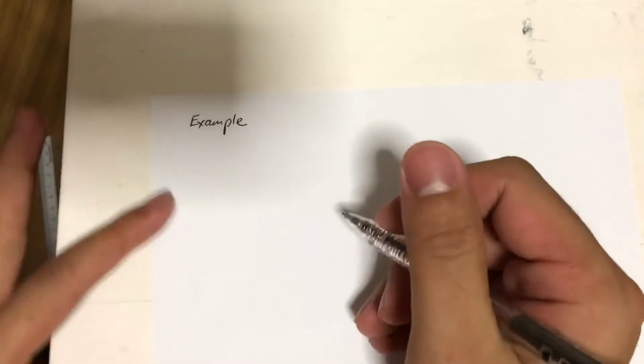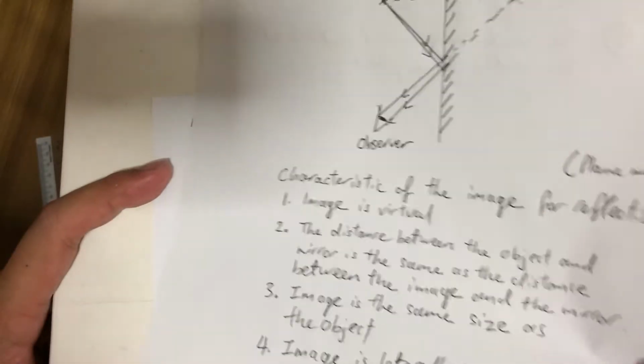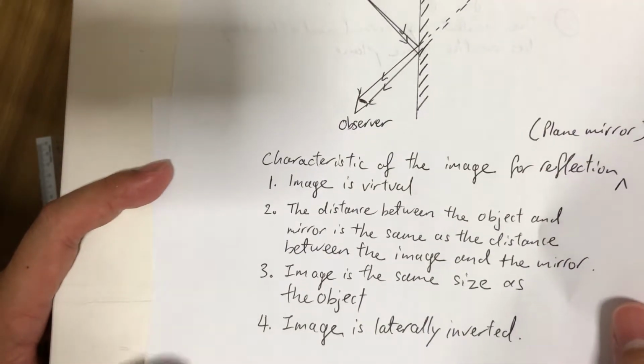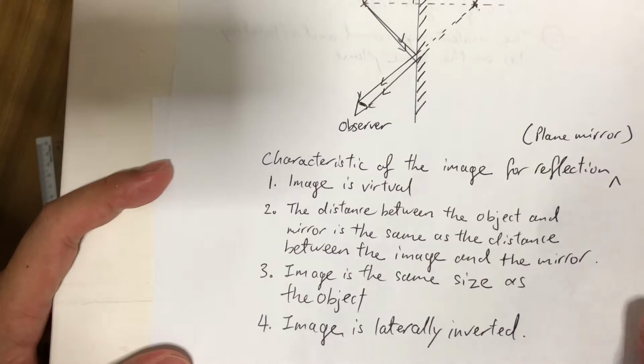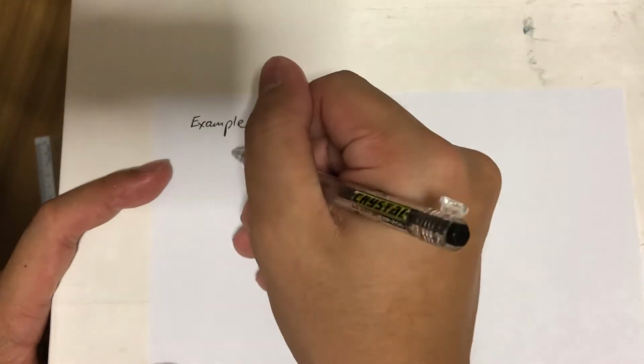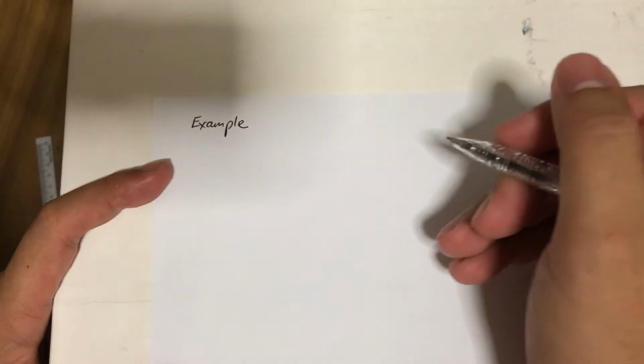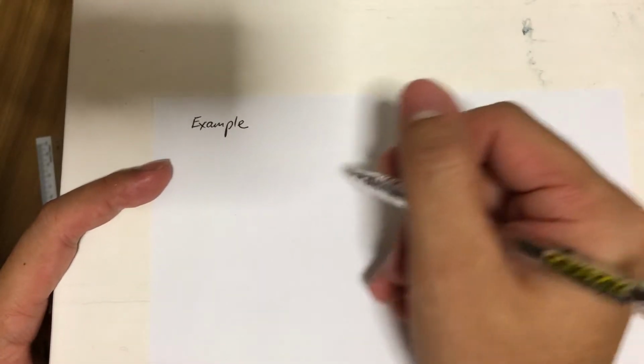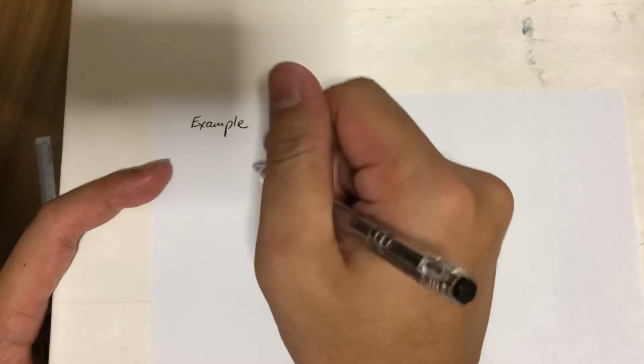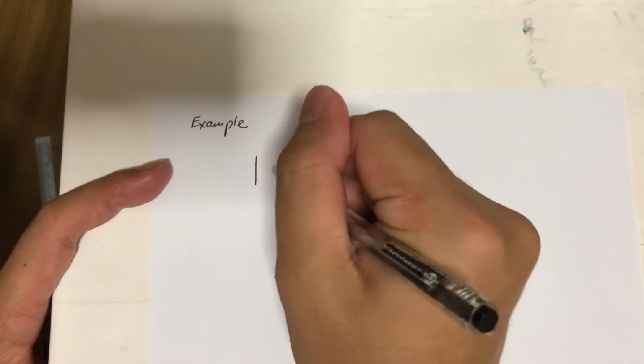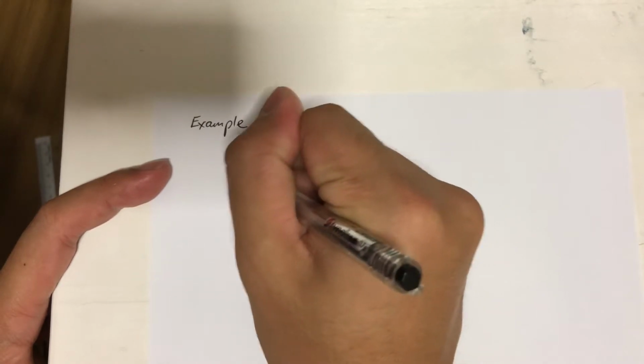So let me give you an example of how the second characteristic, which is that the distance between the object and mirror is the same as the distance between the image and the mirror, is being used. Let's talk about you being in a room where you're positioned in this way. Let's say down here is the object.